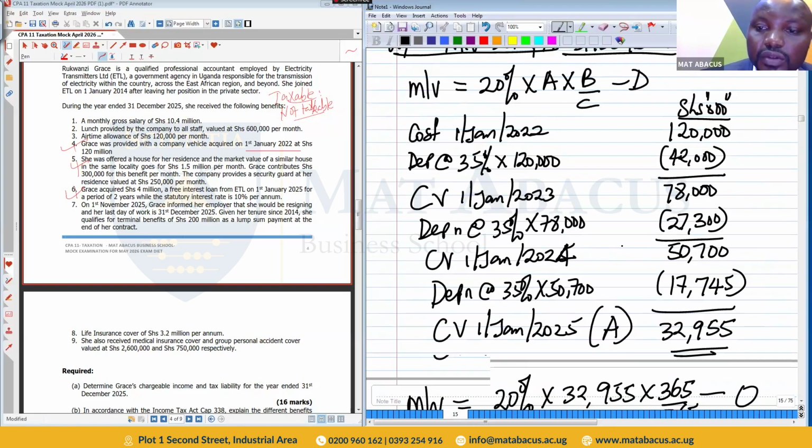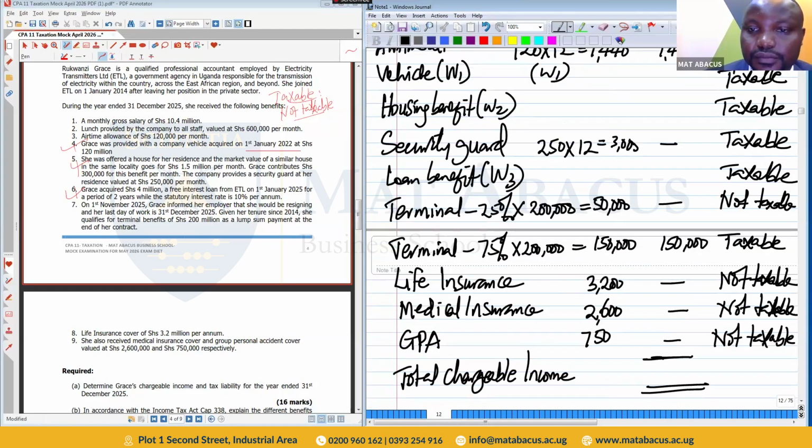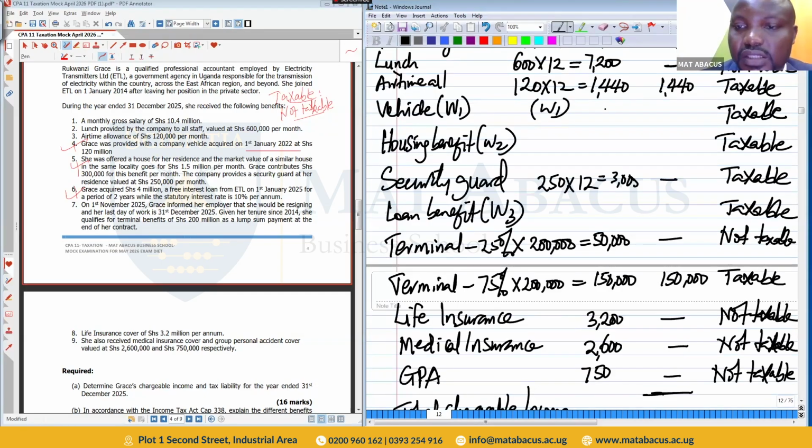So the motor vehicle benefit, we bring it up here in our computation. And we have said it is reference to working one, which is 6,591. Now, what you need to note is that housing benefit is computed last. This is computed last.